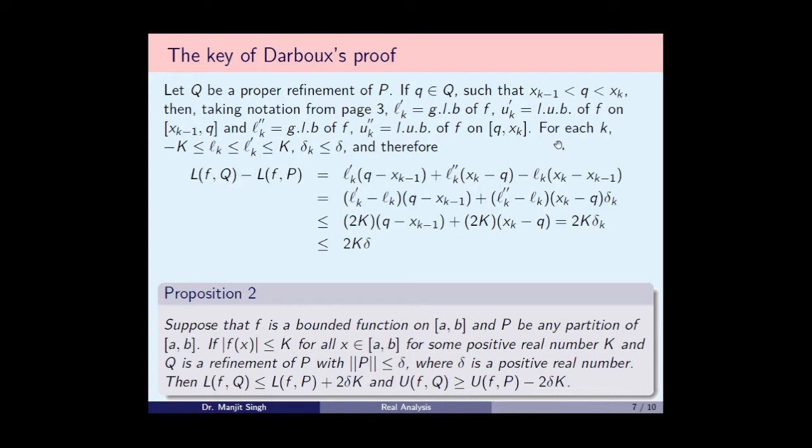So refinement Q will have two subintervals here. The length of the first subinterval is q minus x_{k-1}, and the greatest lower bound value is l_k'. The second subinterval is [q, x_k], its length is x_k minus q, and this is its greatest lower bound.